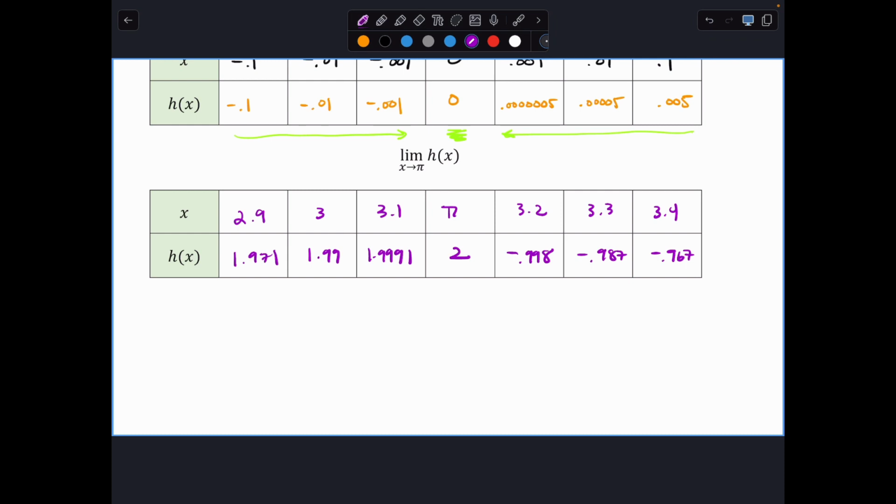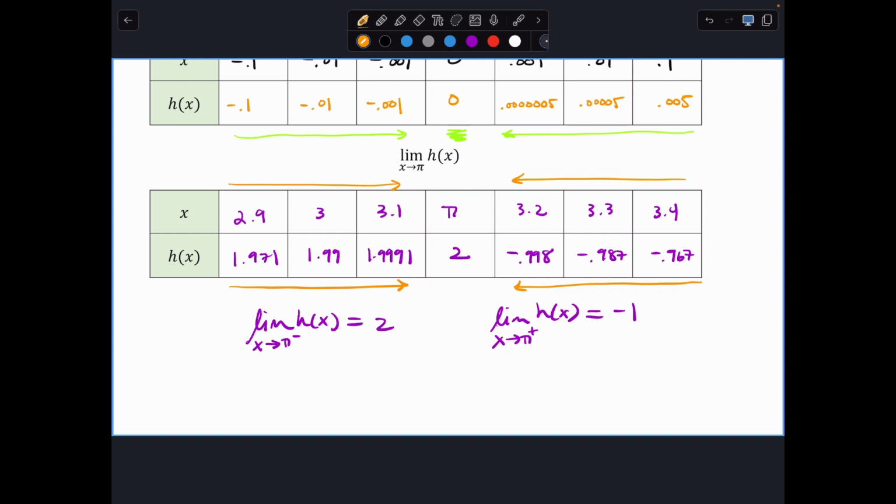Does it seem like as x approaches pi that the function h is approaching the same value on the left and the right? If we think about the limit as x approaches pi from the left, what does it seem like h of x is approaching? 2, okay. And then if we think about the limit as x approaches pi from the right, it seems like h of x is approaching negative 1.